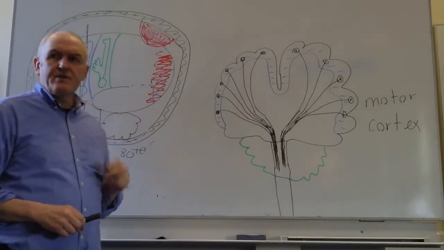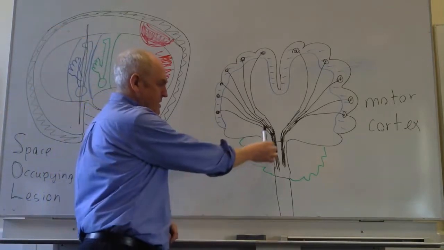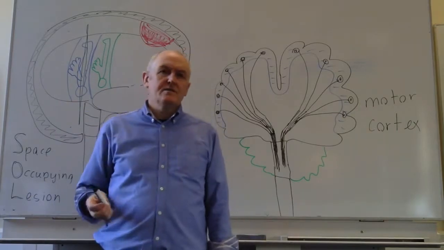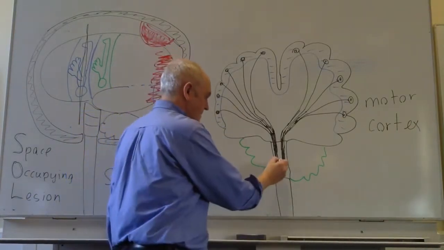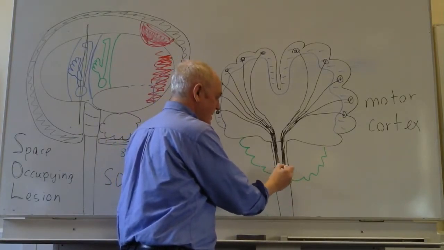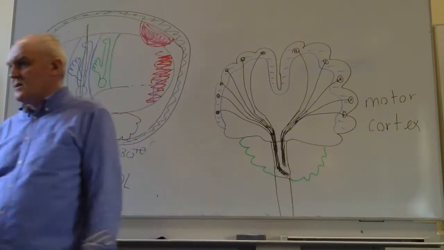And then something really strange and mysterious happens. All this bundle of motor nerve fibres from the right side decides it doesn't like it there and it goes over to the left. So all that whole bundle at the bottom, at the level of the medulla oblongata, goes over to the left-hand side.